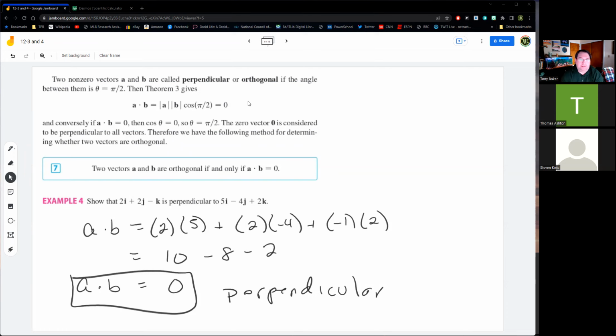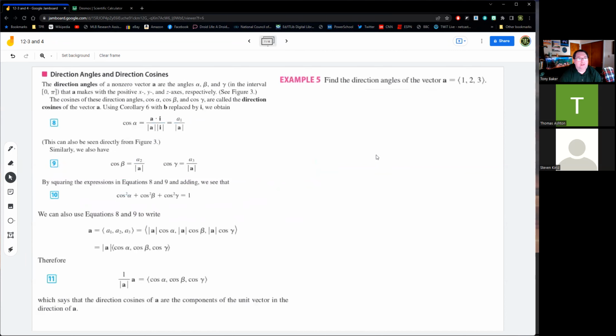The next use case of the dot product is figuring out directional angles or direction cosines. Anytime we have a non-zero vector, the direction angles will tell me the angle from each of the axes, so the x-axis, the y-axis, and the z-axis, to that actual vector.